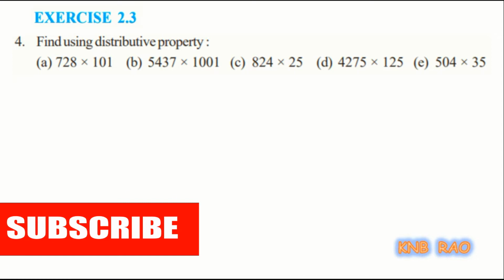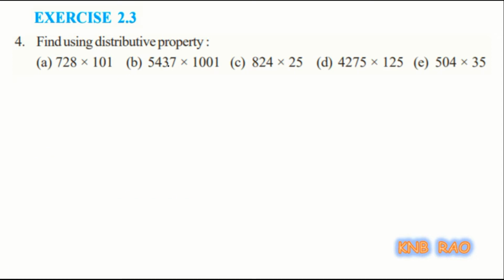find using distributive property the following questions. In the first one, when you are multiplying 728 by 101, we can write 101 as 100 plus 1. It means we will use the distributive property.